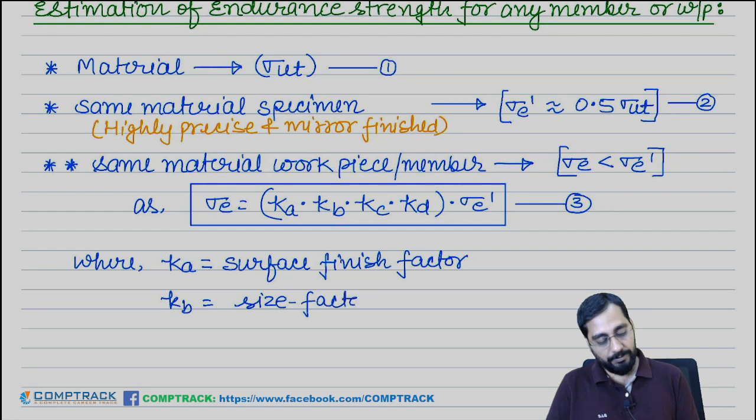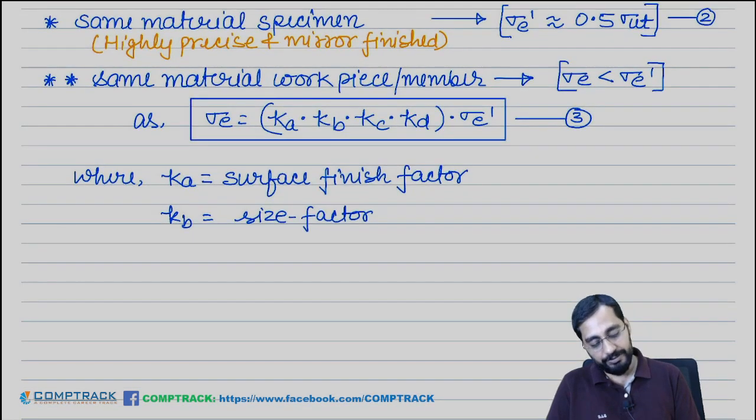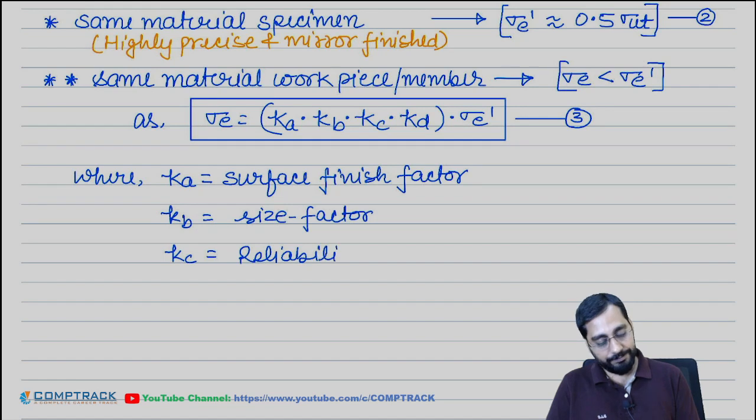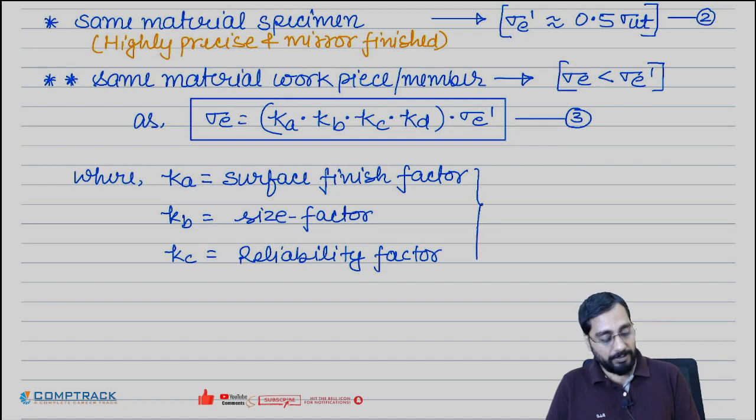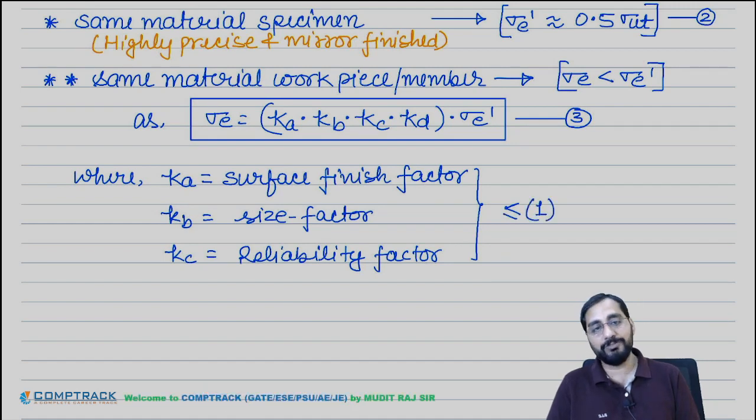It accounts for the dimensions, which are not generally accurate. Third will be the reliability factor. Further, we will also learn reliability in later chapters, where we will see what reliability is. For now, you can see that all these factors will actually be less than 1.